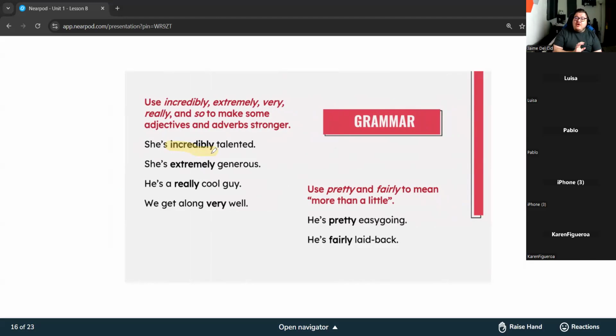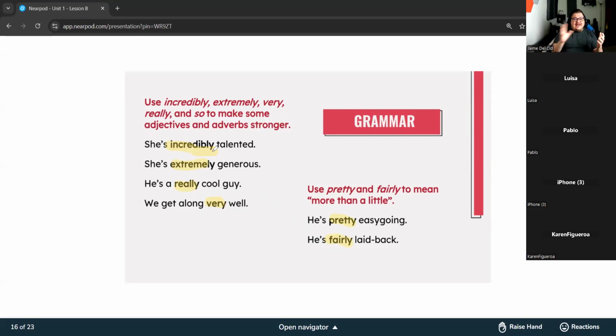Los adverbios también nos sirven para poder darle fuerza a algunas de las expresiones que damos. Estas palabras que ustedes han utilizado como incredibly, extremely, really, very, pretty, fairly, estos son adverbios también, solo que esta vez no apuntan hacia el verbo, sino están apuntando hacia el adjetivo y nos están diciendo que es más fuerte.